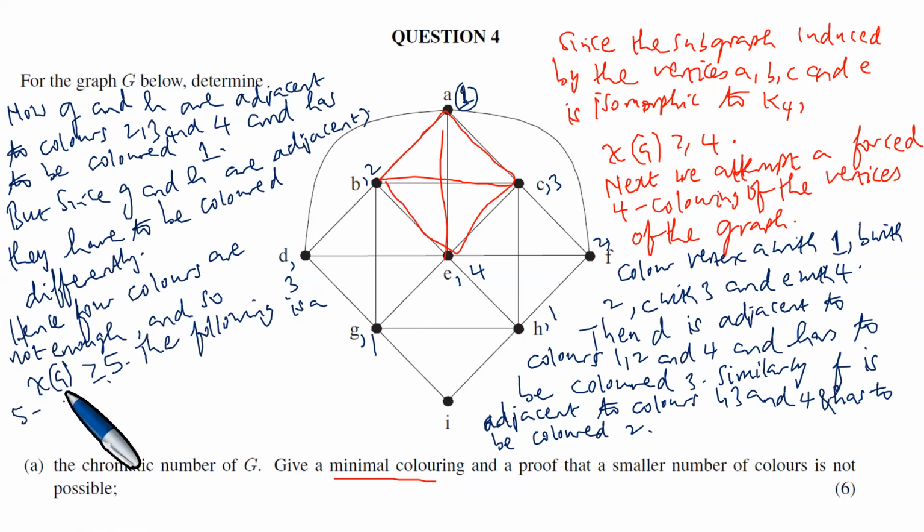It's a 5 coloring. The following is a 5 coloring of the vertices of the graph.